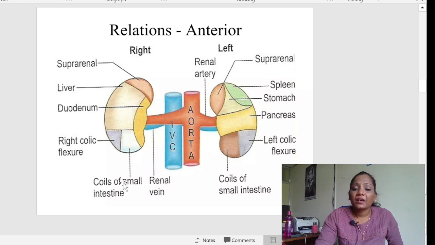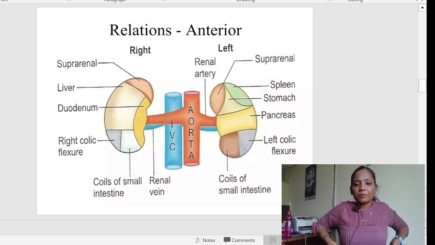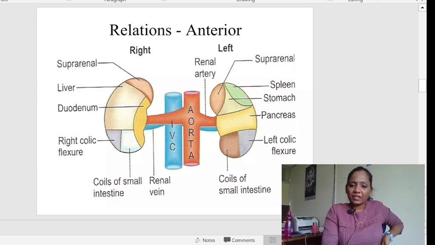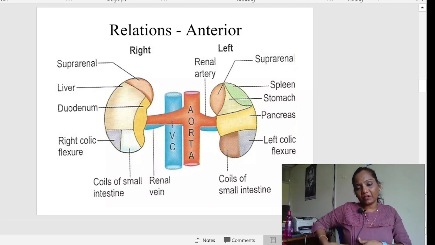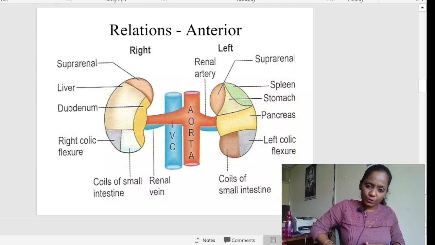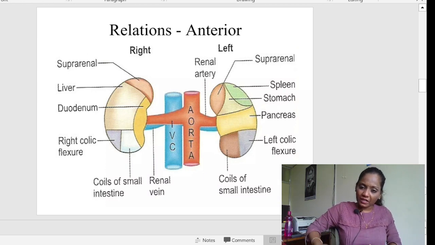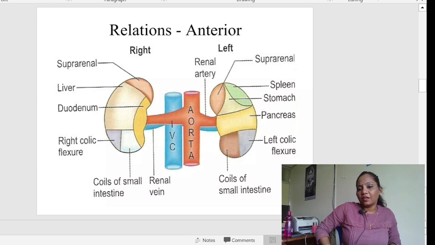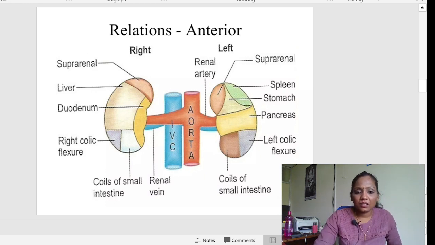Just imagine your body with the kidneys on both sides: on the left side it is related to the stomach, spleen, and left colic flexure, with the suprarenal gland on top. On the right side, the duodenum is there, the upper portion has the suprarenal gland, then the liver, duodenum, right colic flexure, and small intestine. These are the relations.